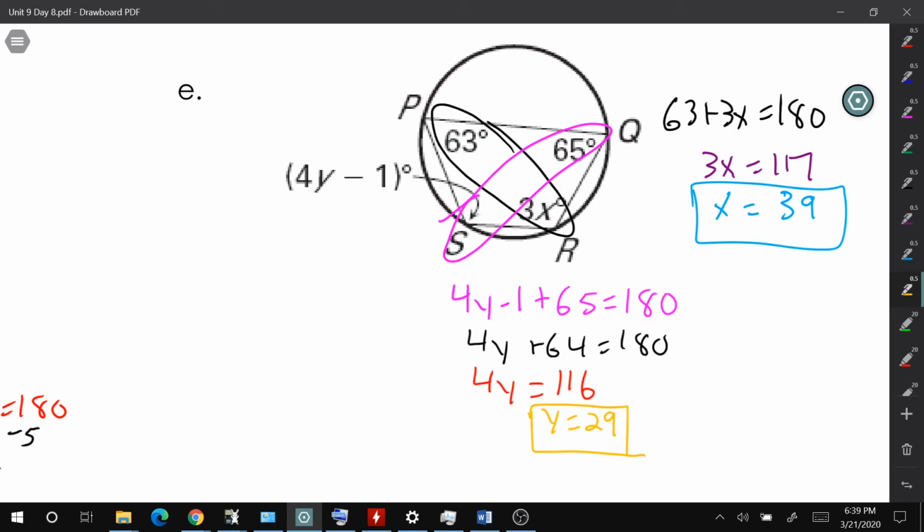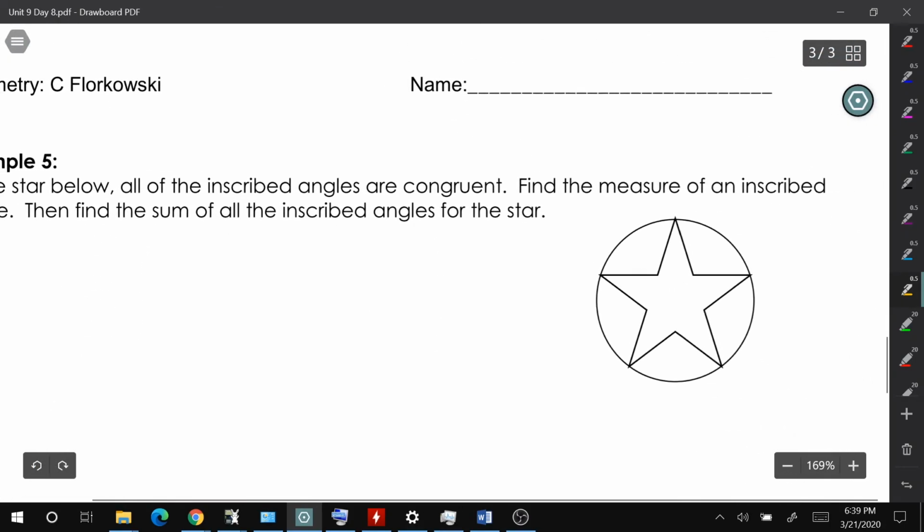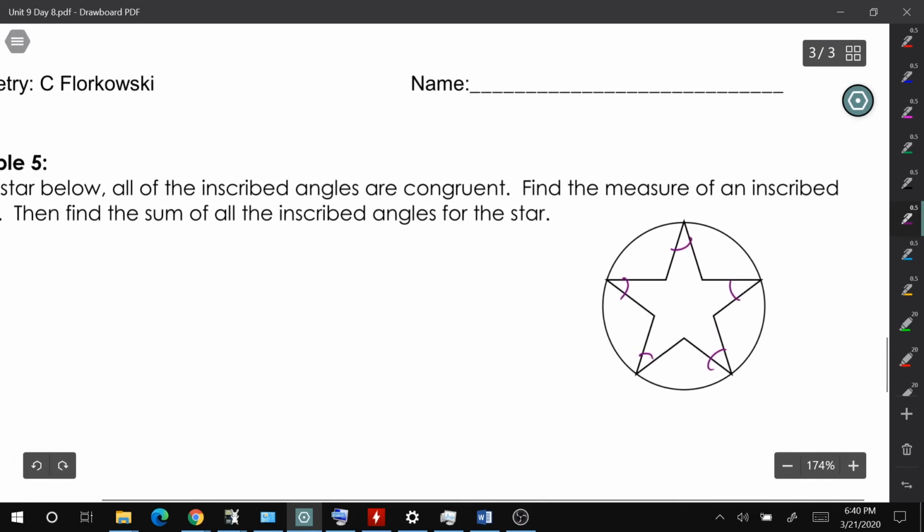All right, let's look at the last example on the next page. It says, in the star below, all the inscribed angles are congruent. Find the measure of an inscribed angle, and then find the sum of all the inscribed angles for the star. Now, if all the angles are congruent, what that means is that all these arcs are also congruent.